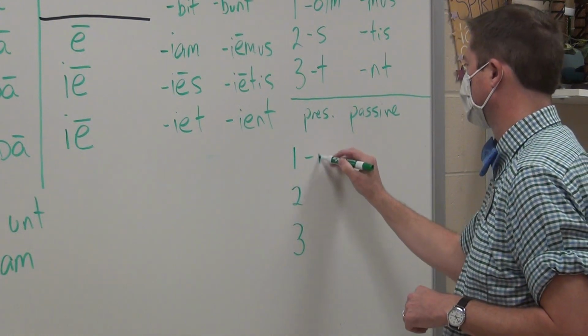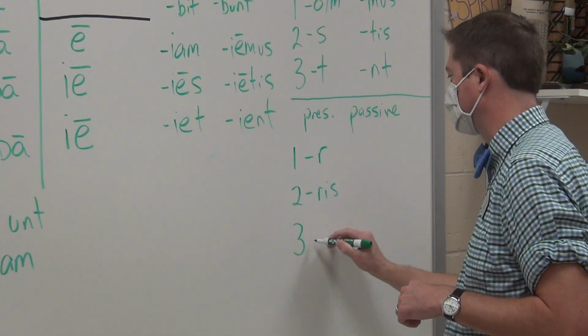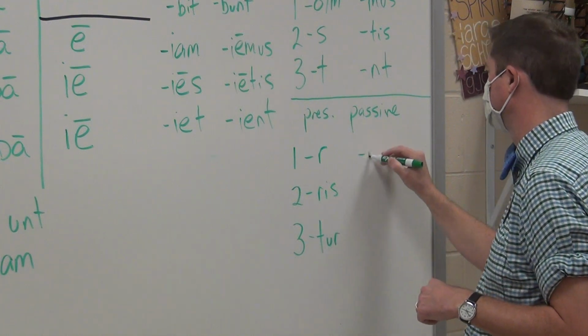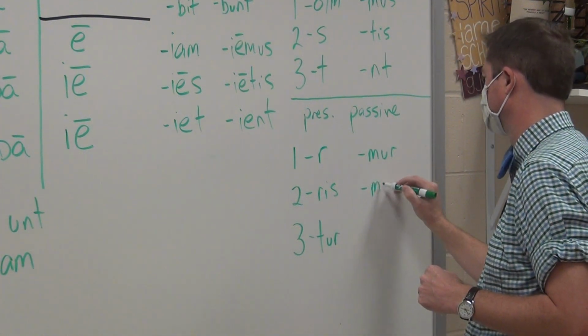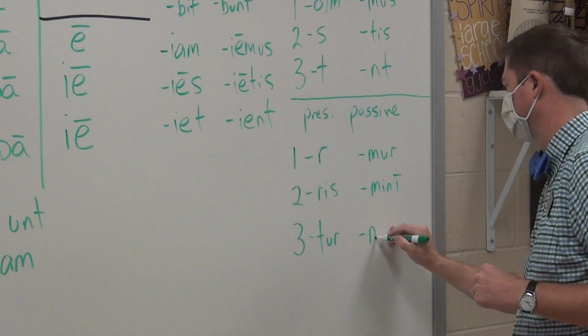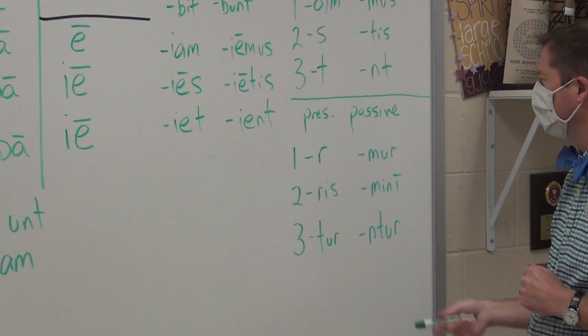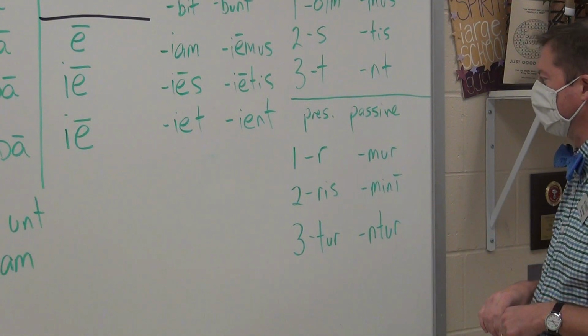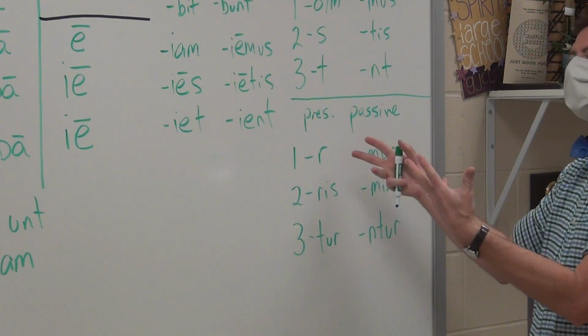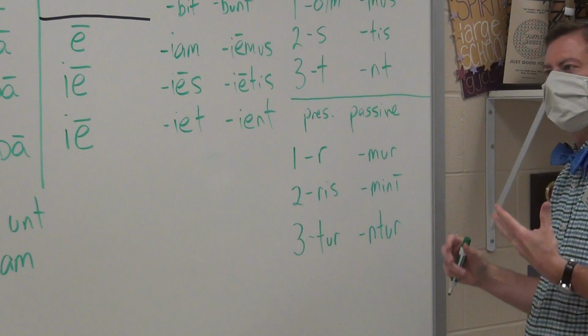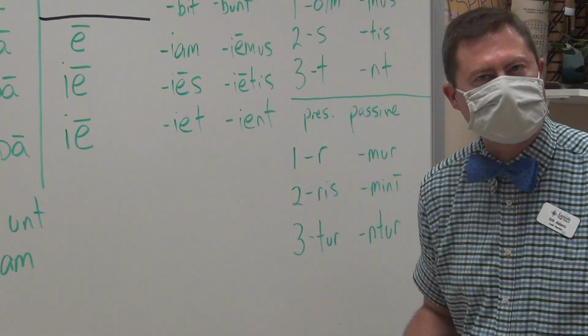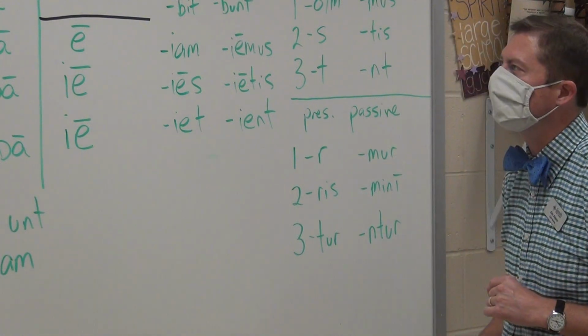They will be R, ris, tur, mur, mini, ntur. Still I, you, he, we, y'all, and they, but now it will be passive. Now you form passive verbs in the exact same way that you do the actives.